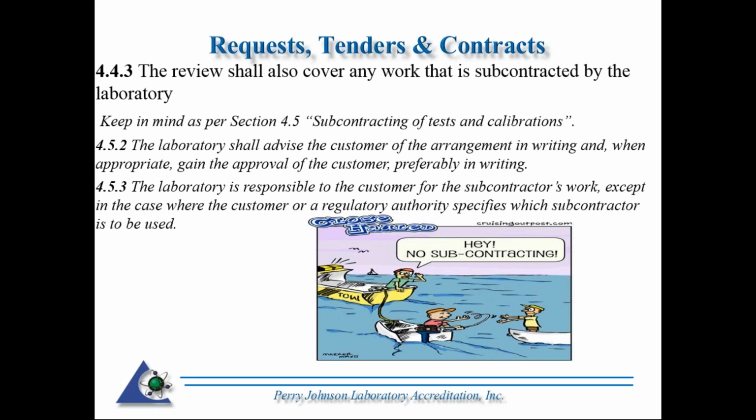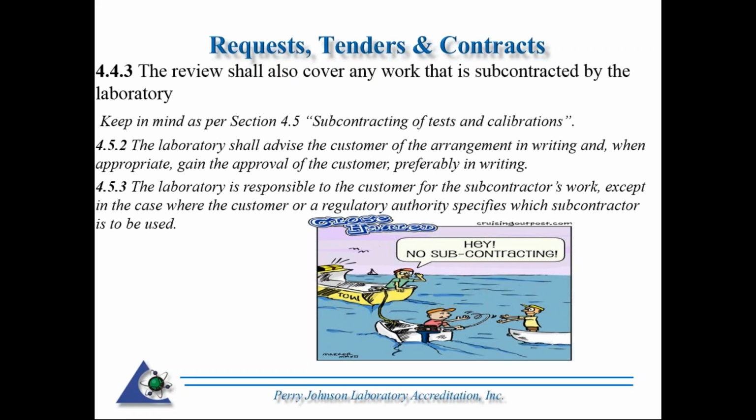Keep in mind, as per section 4.5, this is the actual section within 17025 on subcontracting of testing and calibration, a couple of things can be crosswalked back to section 4.4, request tenders and contract. 4.5.2 states, the laboratory shall advise the customer of the arrangements in writing and, when appropriate, gain the approval of the customers, preferably in writing.